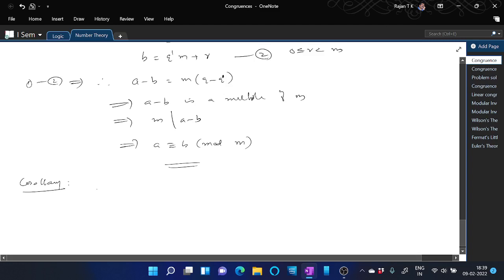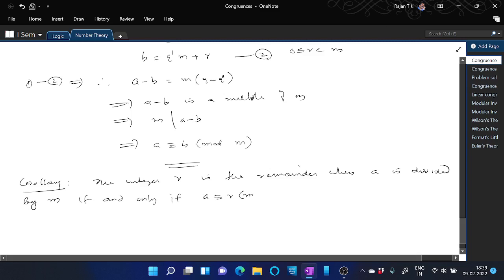It says that the integer R is the remainder when A is divided by M if and only if A is congruent to R mod M, with the condition that R is such that 0 less than or equal to R less than M.